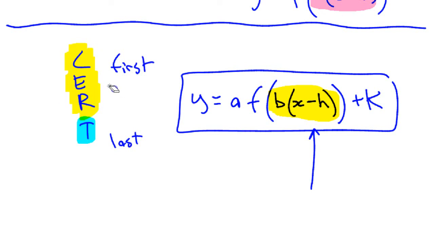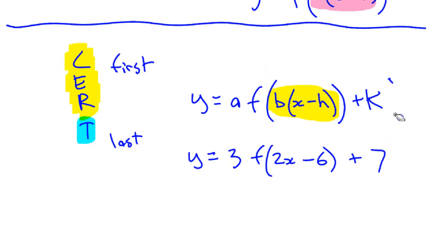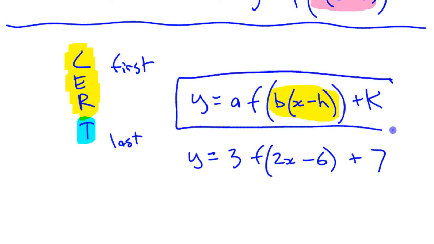If it's written in some other form that doesn't have that inside expression factored, like if you write 3f(2x - 6) + 7 or something like that, you can't just do this translation last the way it is, because it's not in the right order. Now you could do what we did, which was that translation can happen before that compression, but a lot of people find it simpler to go through and get it in that form before they do anything with it.